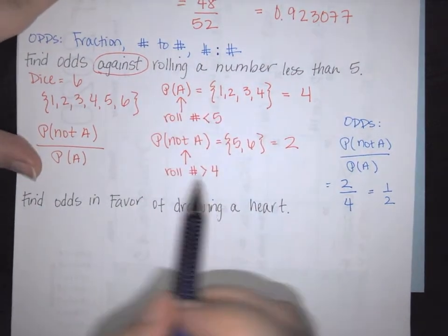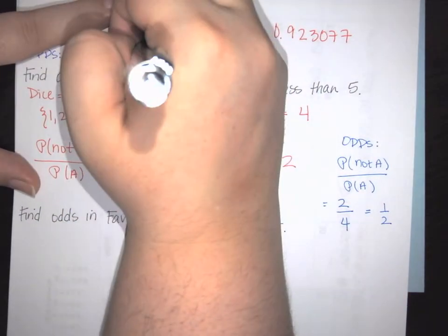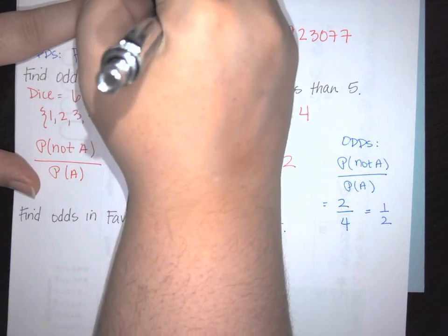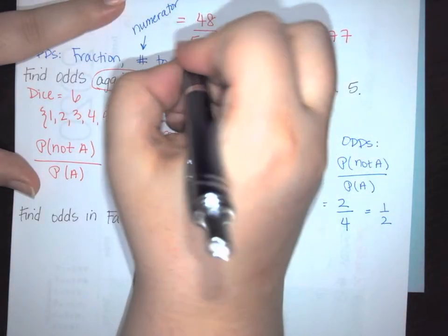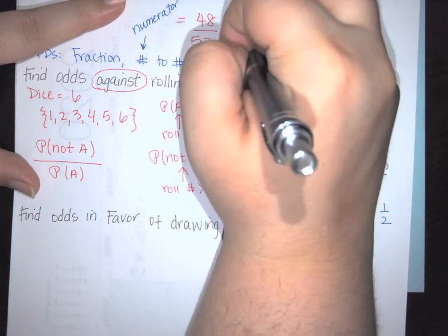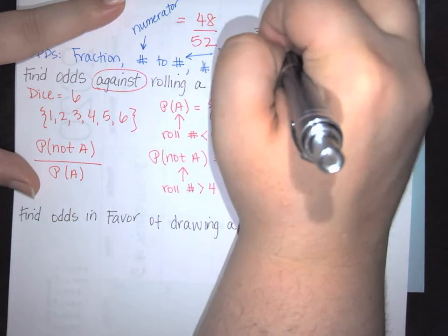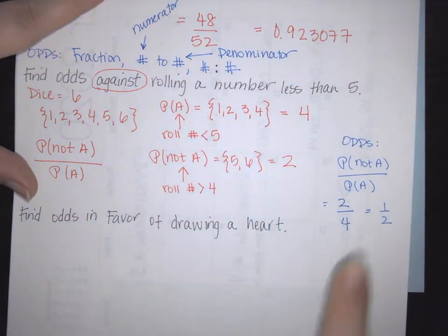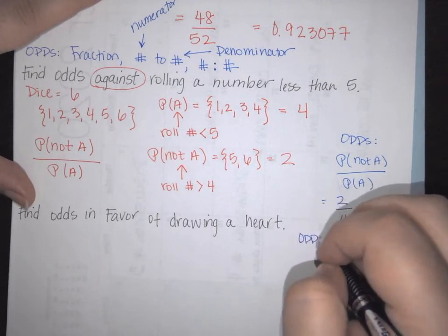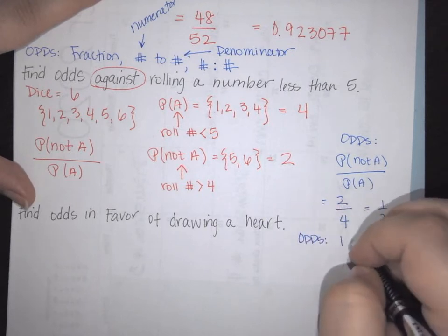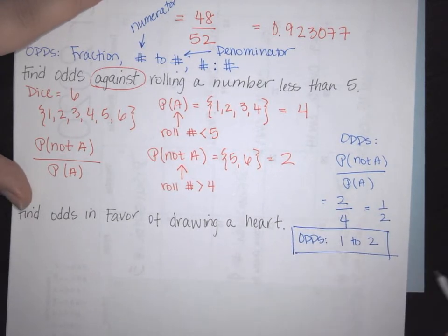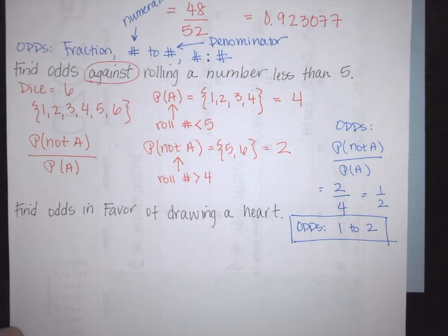And what we're looking at is the first number here would be your numerator, whereas the second number here is your denominator. So if I have 1/2, then that would tell me that my odds are going to be 1 to 2. And so this would be the method that I would use to answer that problem.